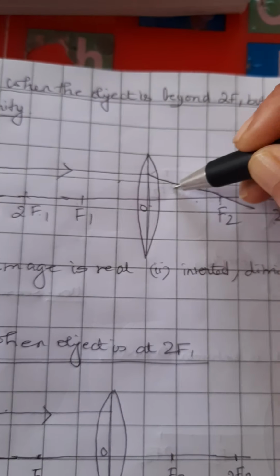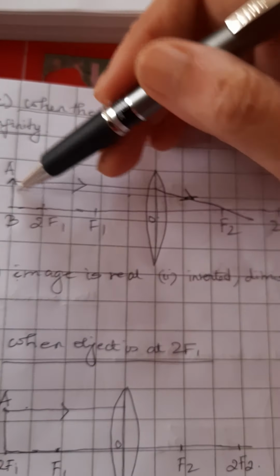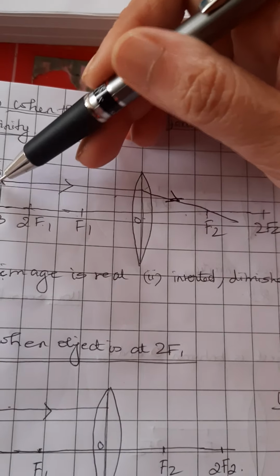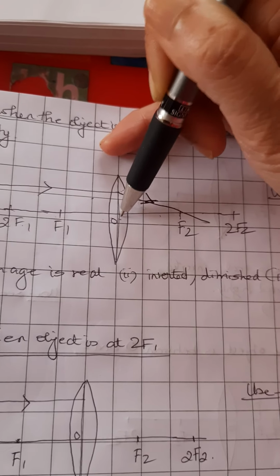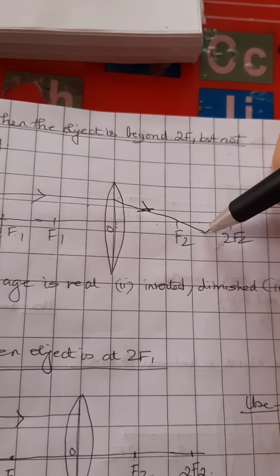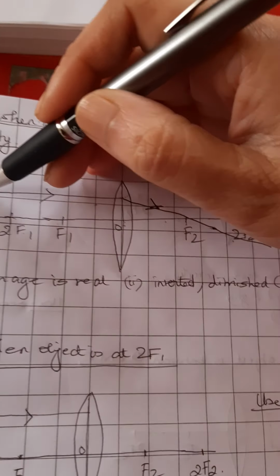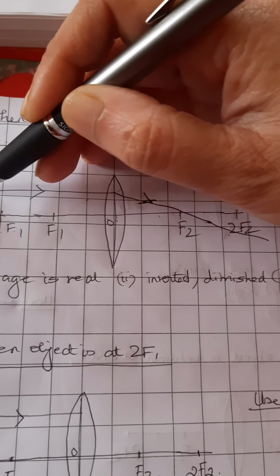Then the second ray is drawn from the top, passing through the optical center.